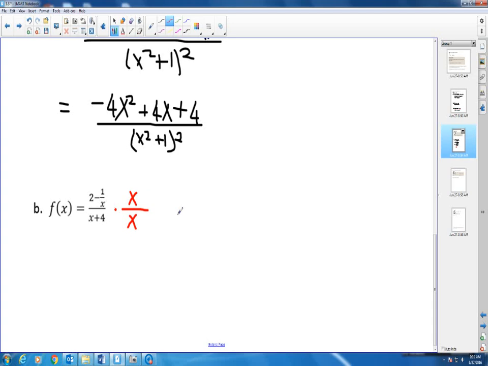I'm trying to clean up this composite function a little bit before I take a derivative. It'll make it a lot easier. x times 2 is 2x. x times 1 over x is just 1. And x times 4 is positive 4x.